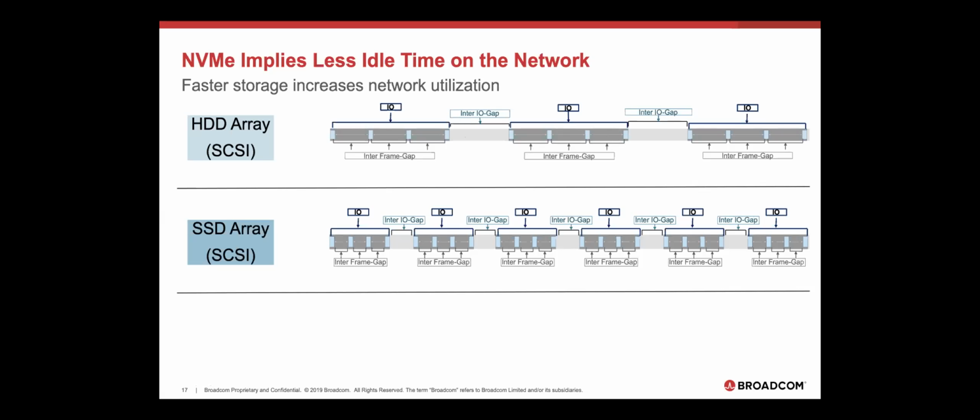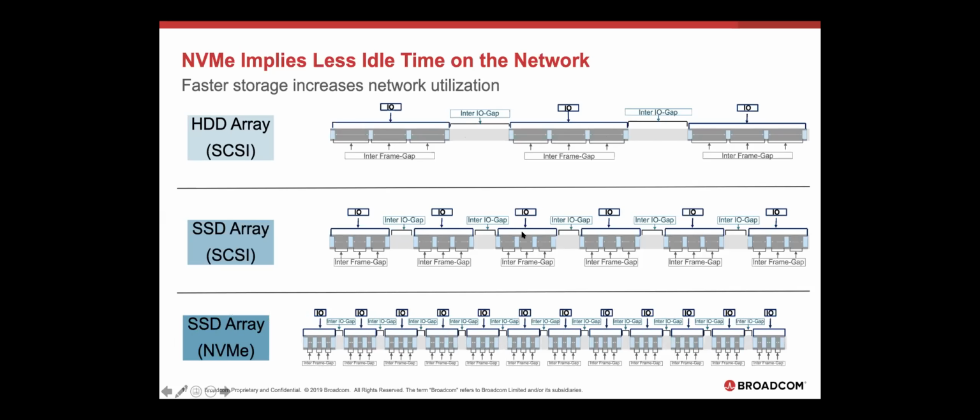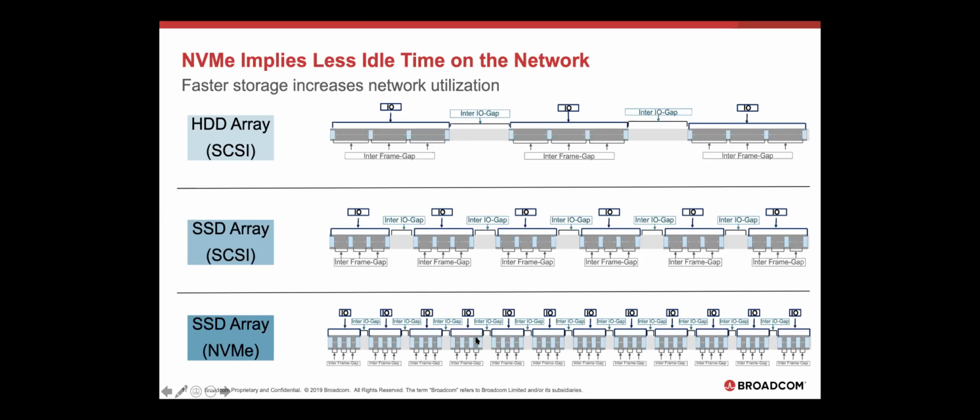These were quite large when we had spinning media, and when we got all flash arrays, they decreased. And really what we're seeing with NVMe is that these decrease again by an order of magnitude, because the array can deliver the data much faster with NVMe than it could before. Then you see that we get these bursts of IO with much smaller IO gap.